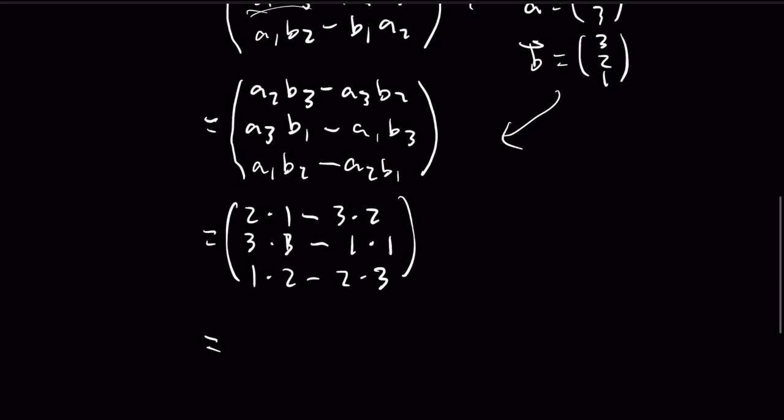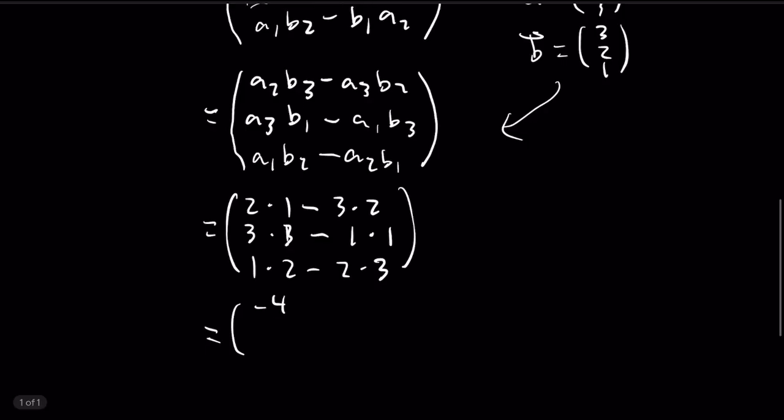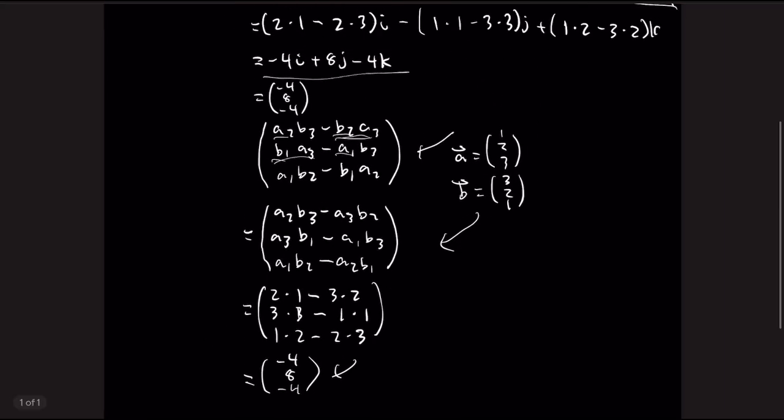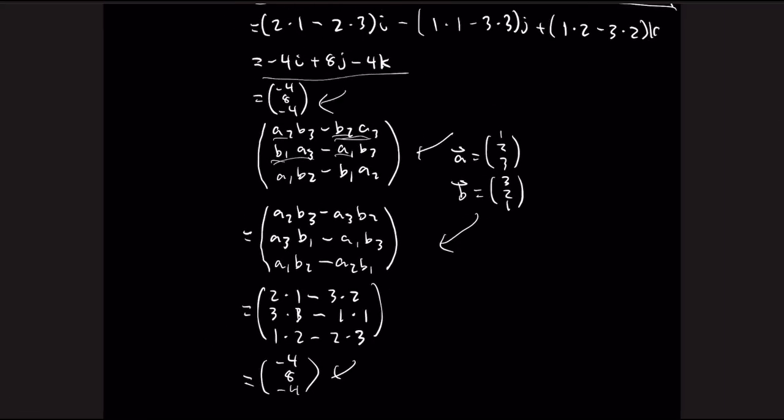So now this will be 2 minus 6, this will be 9 minus 1, and this will be 2 minus 6. As you can see, using these two methods, we both get the same answer.